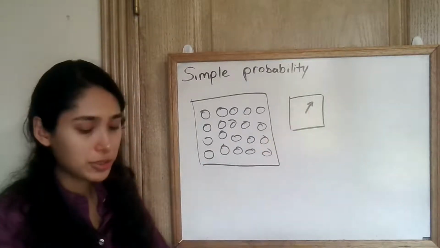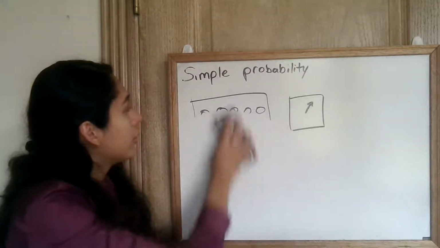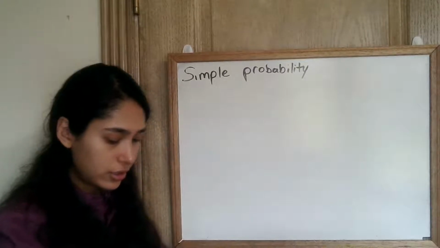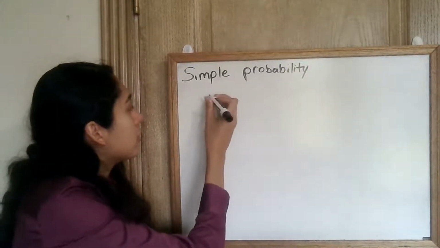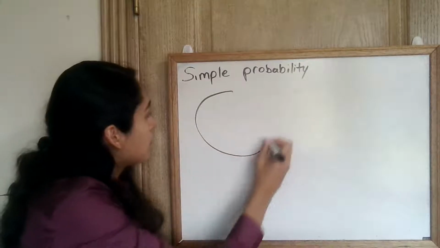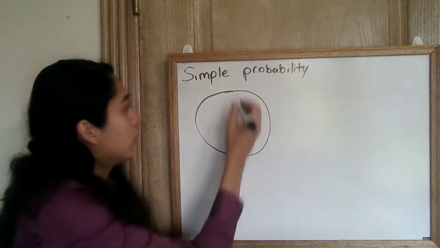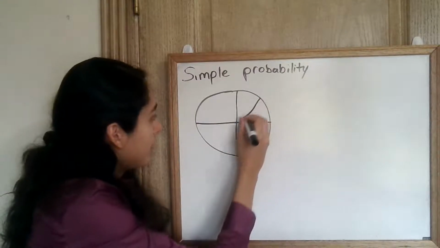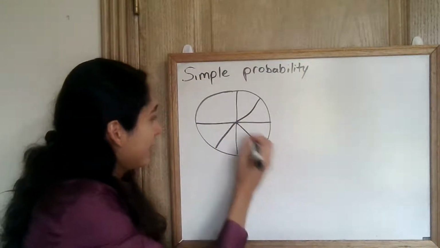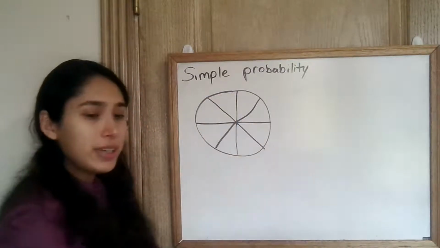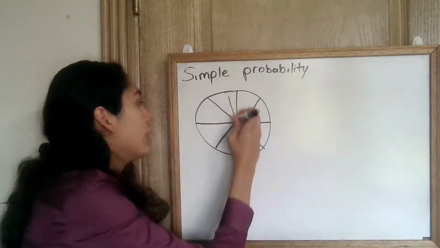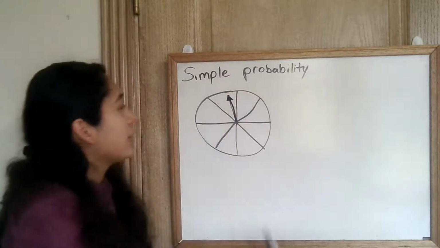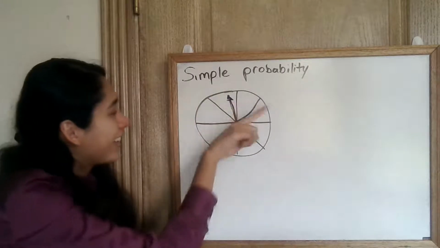So if we look at that little spinner, or just any spinner, let's go ahead and divide a spinner into different pieces. Yes, I know it looks like a pizza, but we're very comfortable talking about pizza, so that's very great. So this is a little spinner, a little thing that we flick with our fingernails.